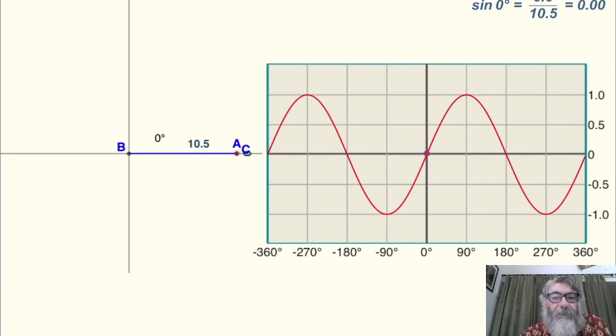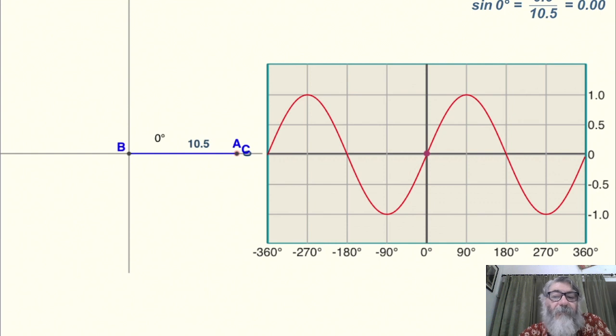So the angle is 0. The angle between BA and BC is 0. There is no angle because the generator line is exactly on top of the initial or original axis. So the angle between the two lines is 0.